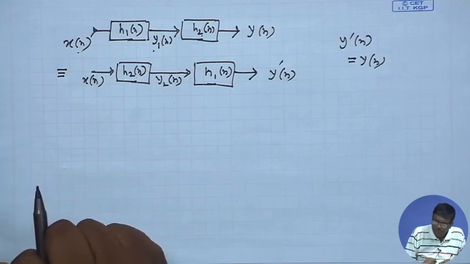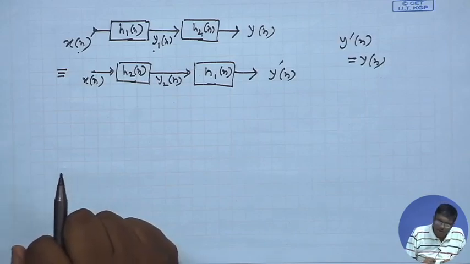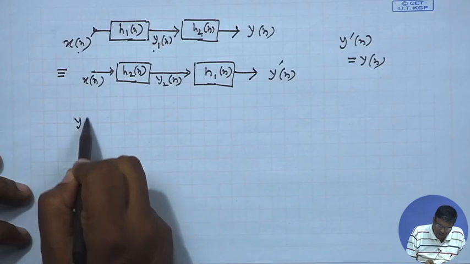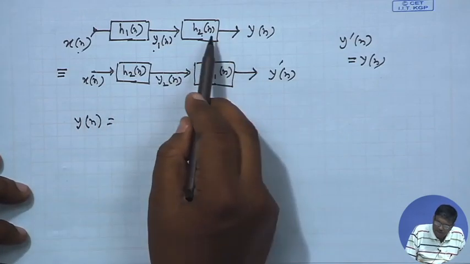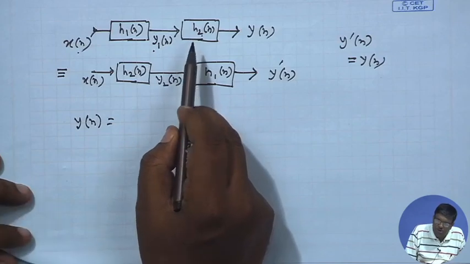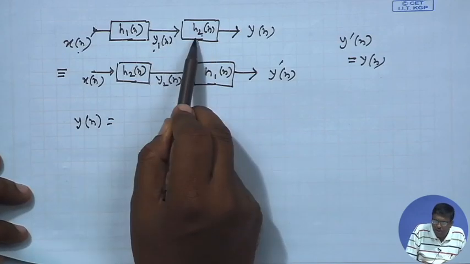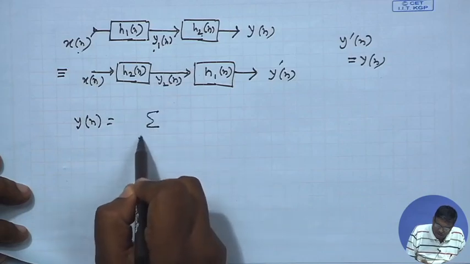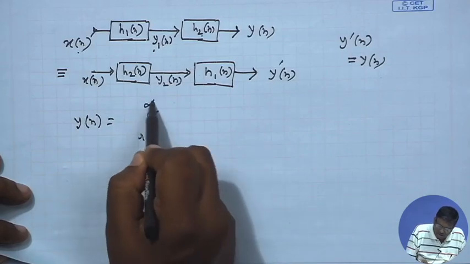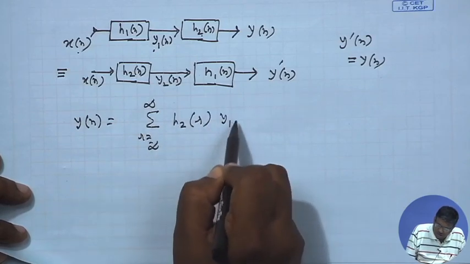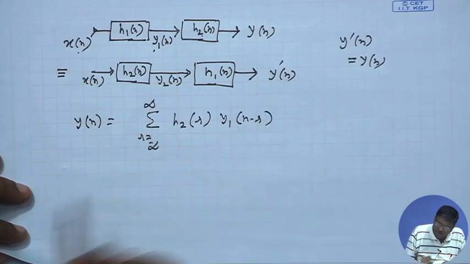How to show that? So, let us work out y n. y n is a convolution between these two, but I told you always choose the convolution not between y 1 and h 2, but between h 2 and y 1. So, you write summation over index r, h 2 r times y 1 n minus r.